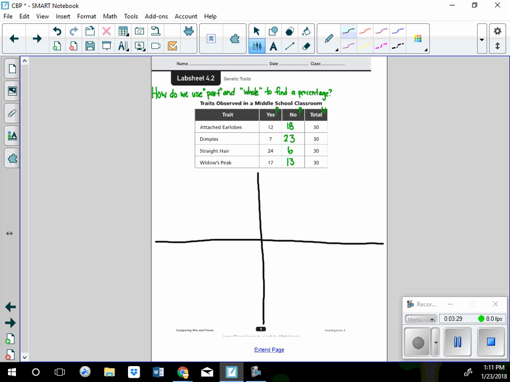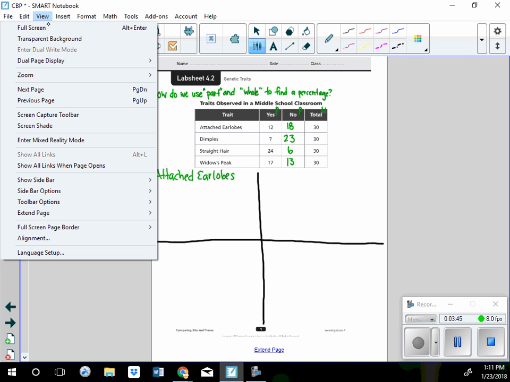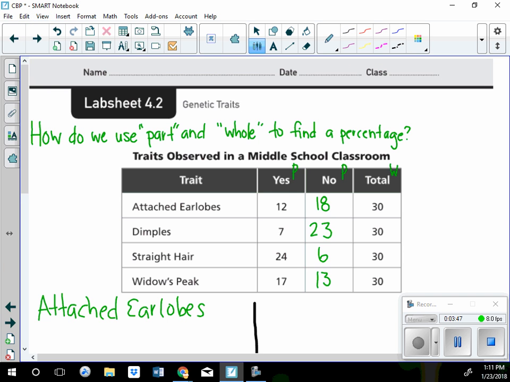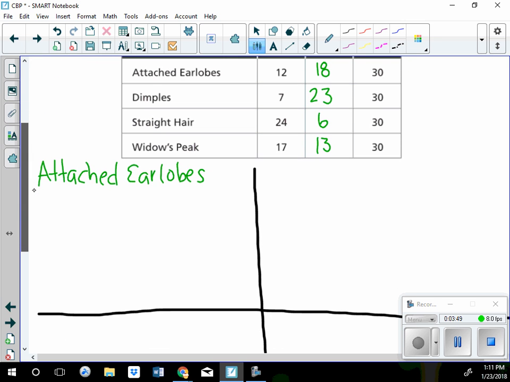In the upper left-hand quadrant, let's write attached earlobes. I'm going to look at my table and write down my parts and my whole. I want to know the percentage of people who do have attached earlobes.